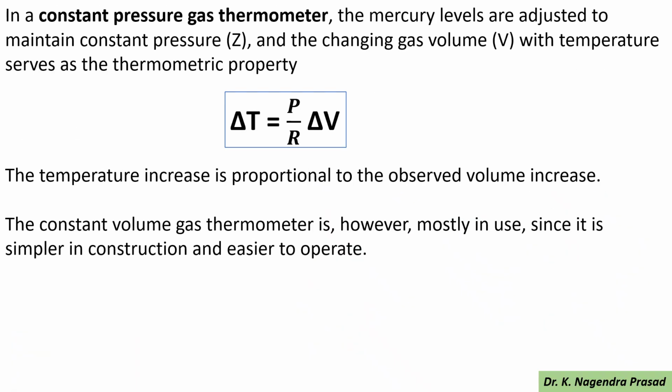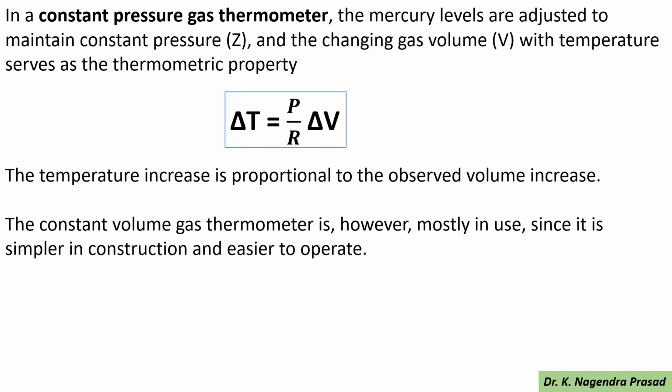Now we have to see the constant pressure gas thermometer. In a constant pressure gas thermometer, mercury levels are adjusted to maintain constant pressure, and the changing gas volume with the temperature is served as the thermometric property.